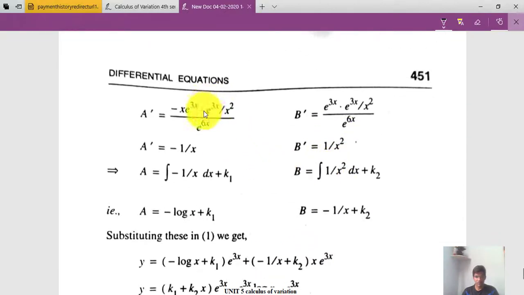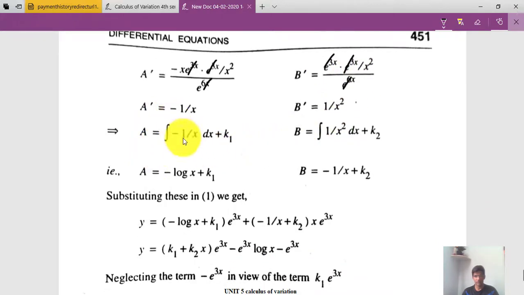Now e^(3x) times e^(3x) becomes e^(6x) by the laws of indices, which cancels. Of x and x squared, one x cancels, so a prime is minus 1 by x. And b prime is 1 divided by x squared.